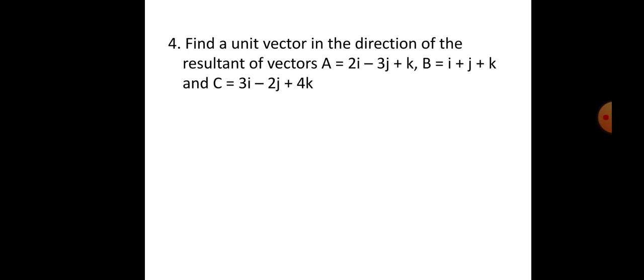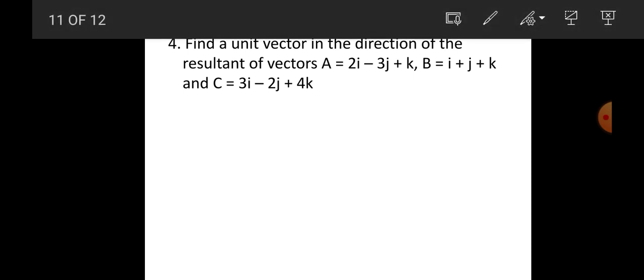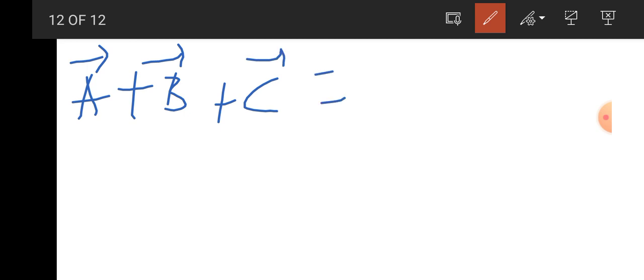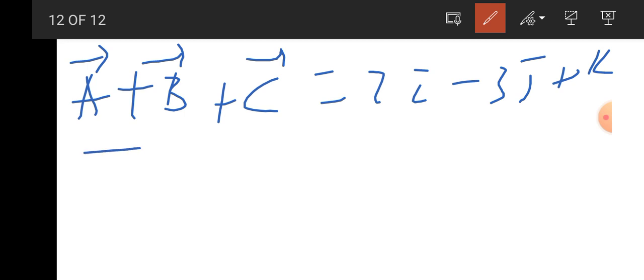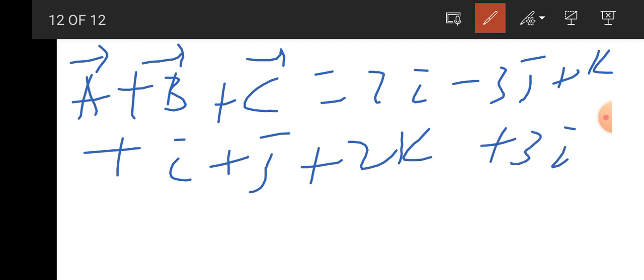So, find the unit vector in the direction of the resultant vector. አሁን የተሰጡን ቬክተሮች ቬክተር ኤ ቬክተር ቢ እና ቬክተር ሲ ሪዛልታንት ቬክተሩን እንፈልጋለን። ከዛ ዩኒት ቬክተሩን እንፈልጋለን ማለት ነው። ይሄንን ስናደርግ the resultant vector, vector a plus vector b plus vector c is equals to ቬክተሮቹን አንድ ላይ ስንደምራቸው 2i minus 3j plus k plus i plus j plus 2k plus 3i minus 2j plus 4k.